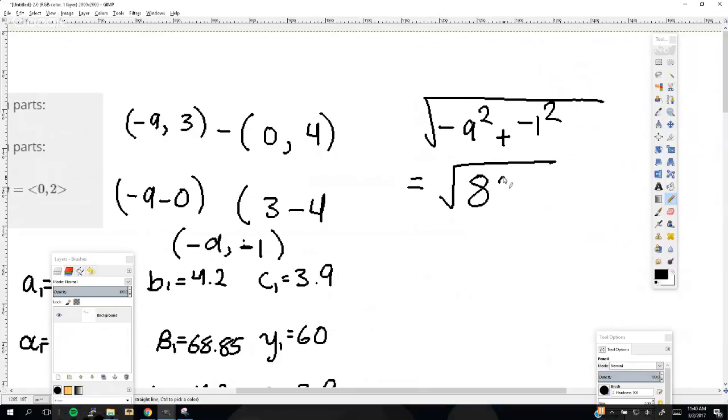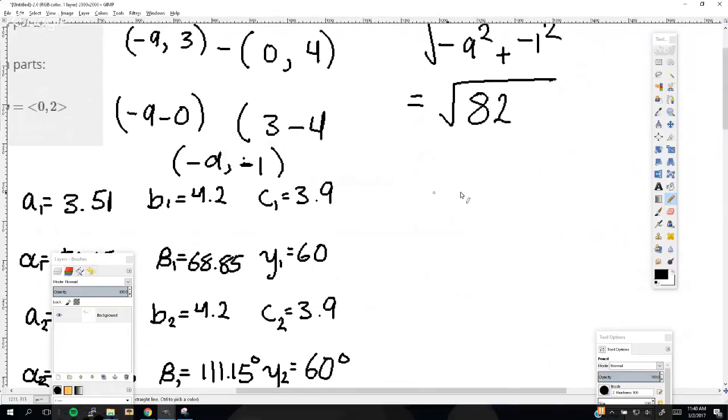Then we do b, which would be -1. And then I got -0.11043. Yep, that's what I got.